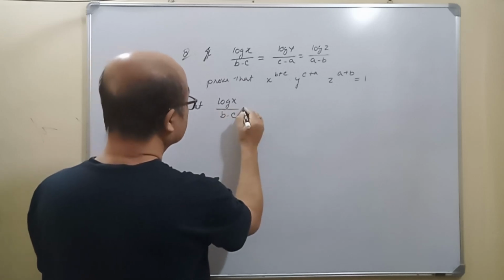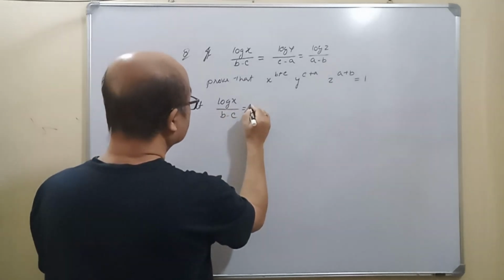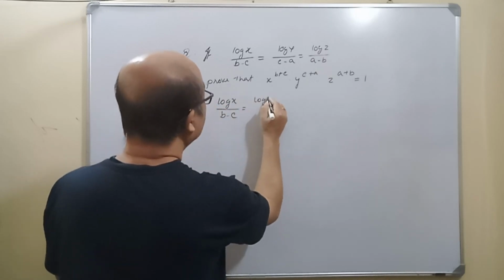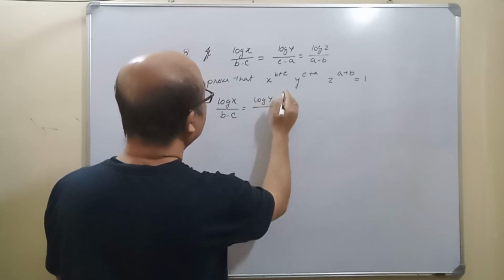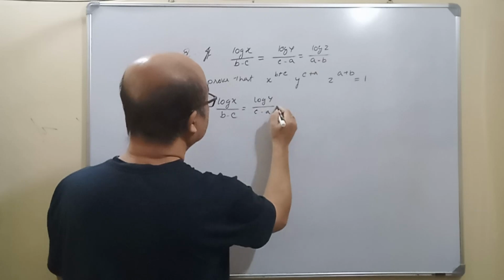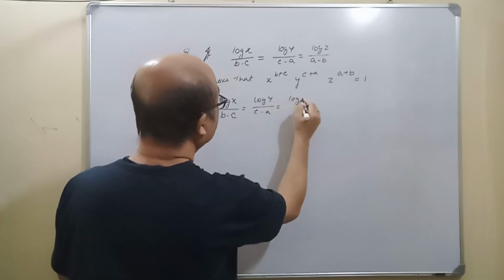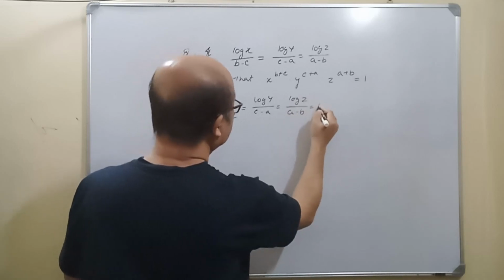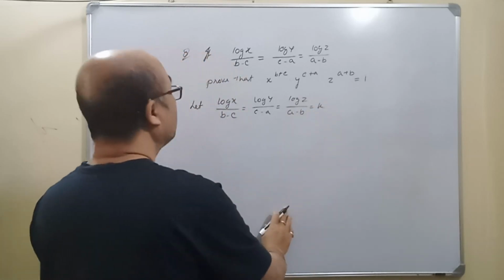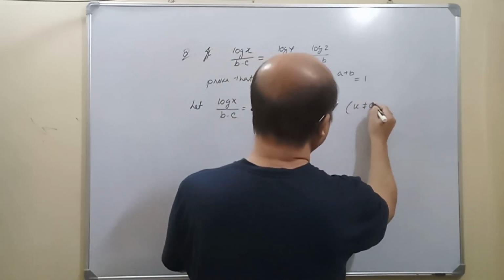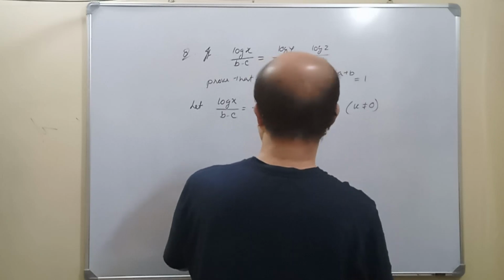Let log x by b minus c is equal to log y by c minus a is equal to log z by a minus b equal to k, where k is not equal to 0.